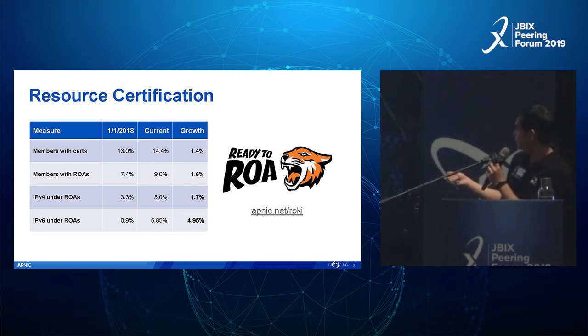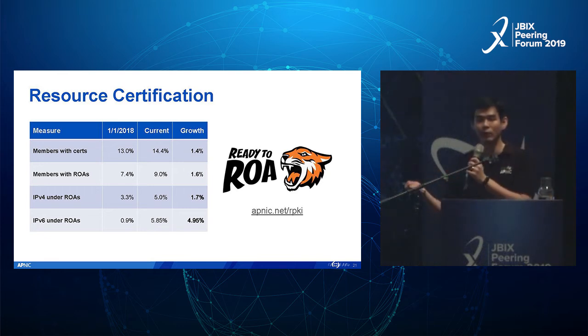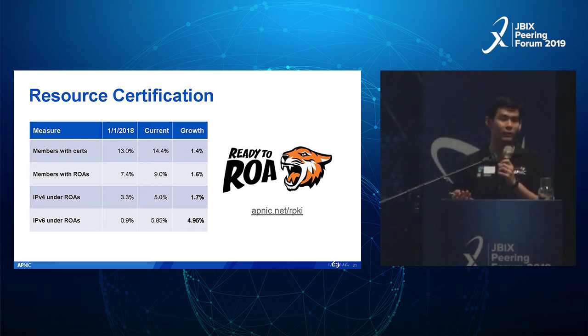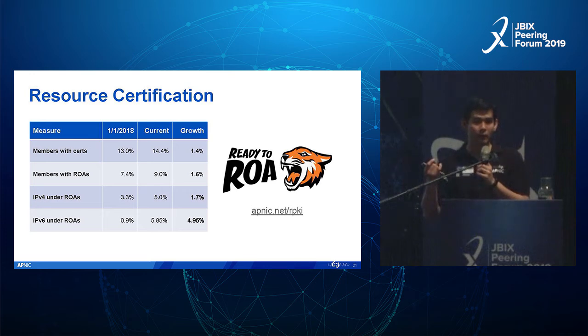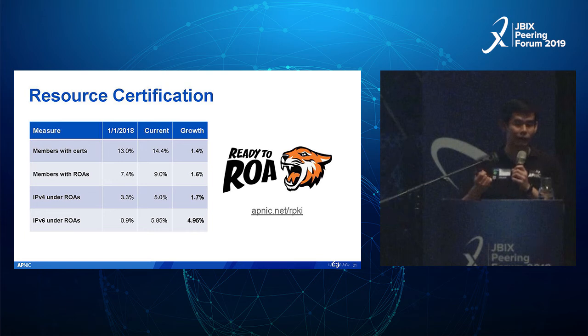And IPv6, you can see there's a great growth over there, 4.95. But the numbers at this stage are still quite low. So we are still encouraging members, if you can, to register your ROA. And actually, registering ROA is not enough, but we also encourage you to run the ROA validator. I can explain that later.